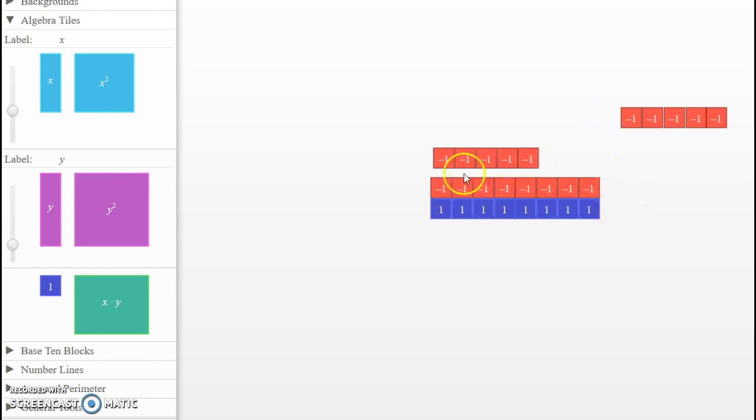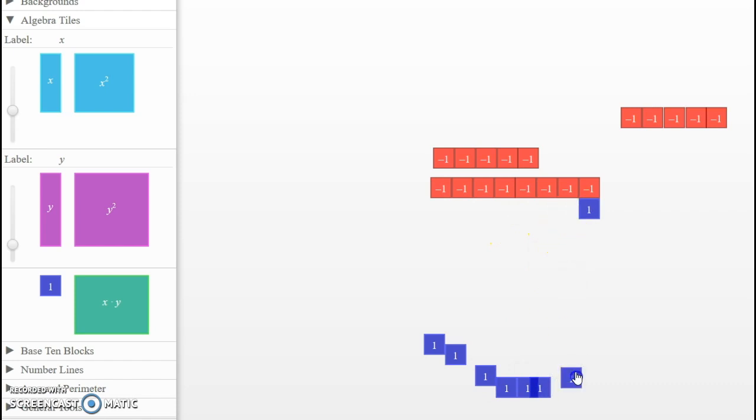So I have 8 groups of 0 here, and I have my negative 5 that we started with. So if I have negative 5, now I can subtract 8. Subtract a positive 8. 2, 3, 4, 5, 6, 7, 8, leaving me with negative 13.